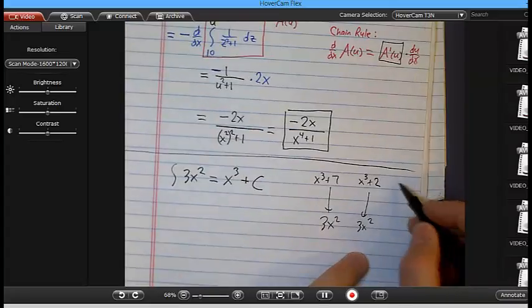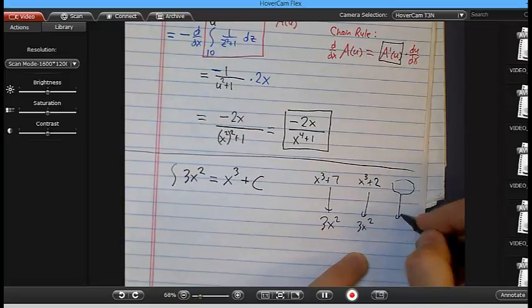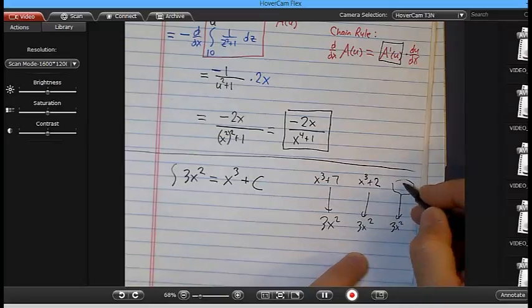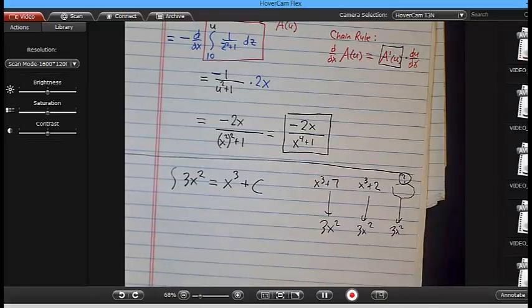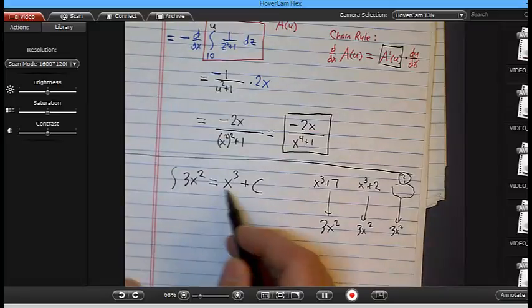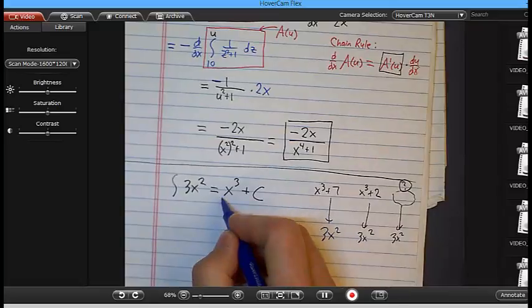Could there be something else that I take the derivative of and get 3x squared? That's a good question. If I write x cubed plus c, here's the question that you might wonder, or I would wonder.